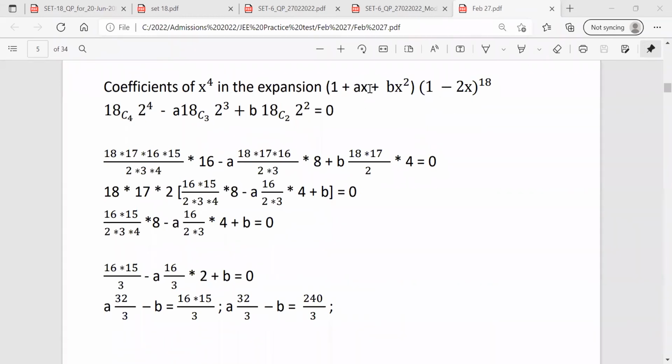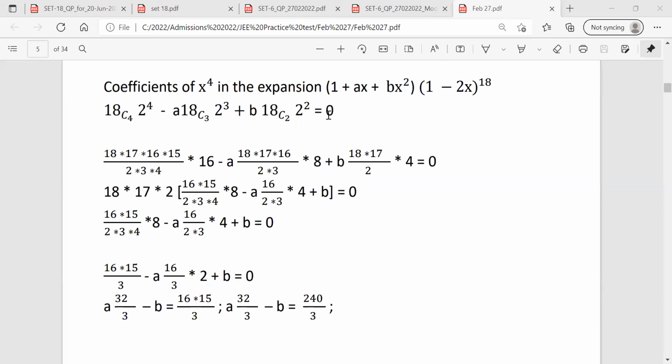Now the next case is ax and minus 2x whole raised to 18. So here we have the x term, so we'll have a 18C3 2 raised to 3. And the next part is bx square. So here we have x square and here we have x raised to 18. So this value becomes 18C2 2 square. So we have the coefficients equated as 18C4 2 raised to 4 minus a 18C3 2 cube plus b 18C2 2 square is equal to 0.